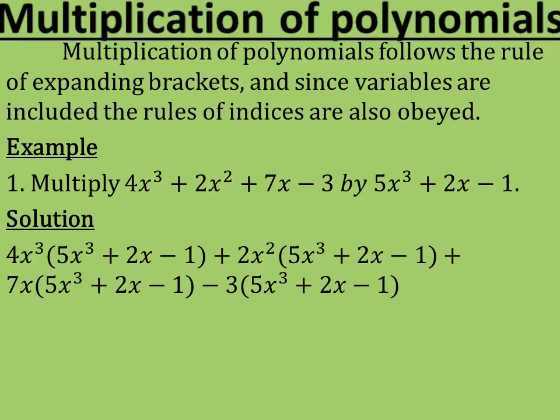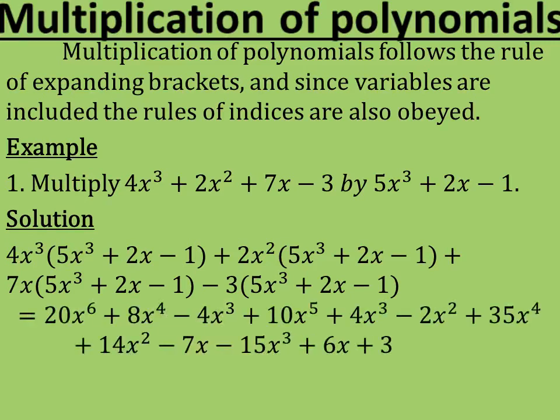So this will leave us with 4x raised to power 3 times 5x raised to power 3. This will give us 4 times 5 is 20, and according to indices, when the bases are the same, we are going to add the powers. 3 plus 3, that will give us 6. So we have 20x raised to power 6 plus 4x raised to power 3 times 2x. 4 times 2, that will give us 8. x raised to power 1 times x raised to power 3 will give us x raised to power 4, because we are going to add their powers, which is 1 plus 3, which will give us 4.